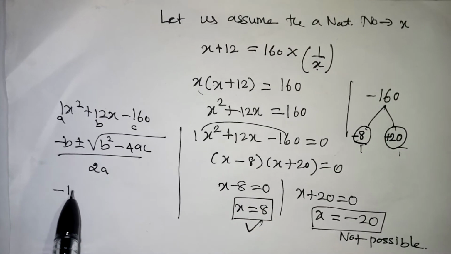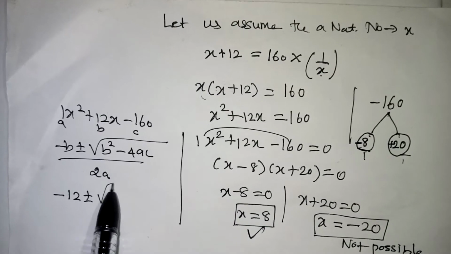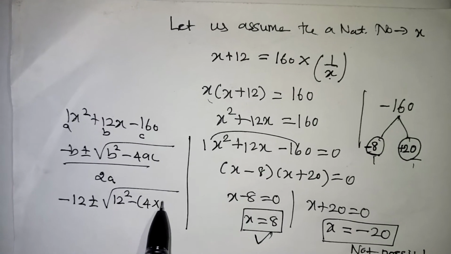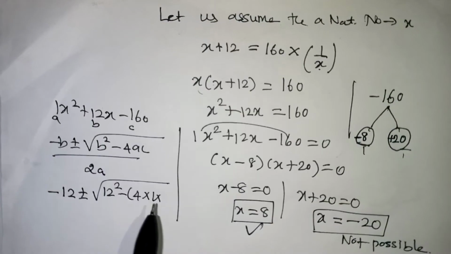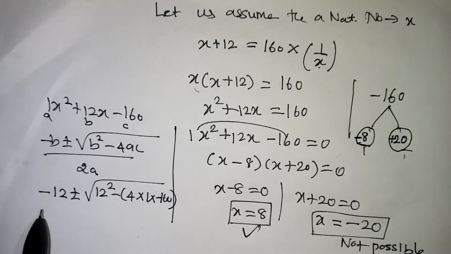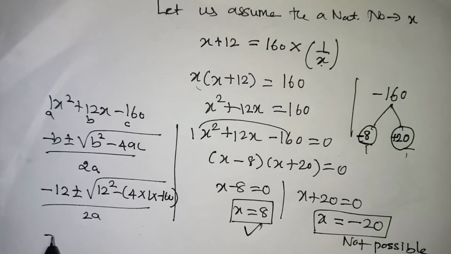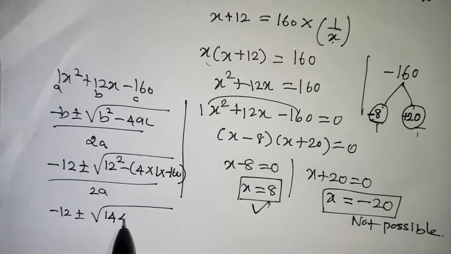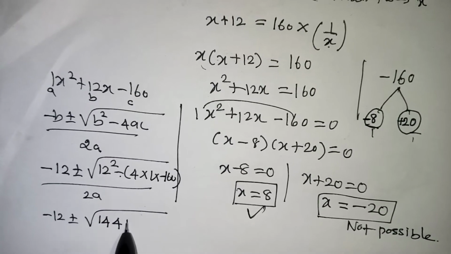So minus b, so minus 12 plus or minus root of b squared, that is 12 squared, minus 4 into a into c value. If minus is given, you just take it along with the minus sign. So minus 160, all divided by 2a. Now minus 12 plus or minus root of 12 squared, 12 12s are 144. This minus will become plus.